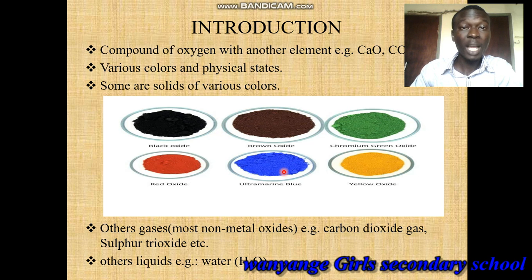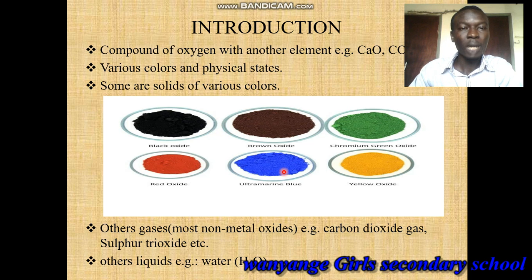Gaseous oxides are oxides of non-metal elements in most cases, and most of the non-metal oxides are gaseous. Then we also have liquid oxides. Liquid oxides are oxides of non-metal elements, but a major example of liquid oxides is water. The water you drink is an oxide of hydrogen, which is a non-metal.